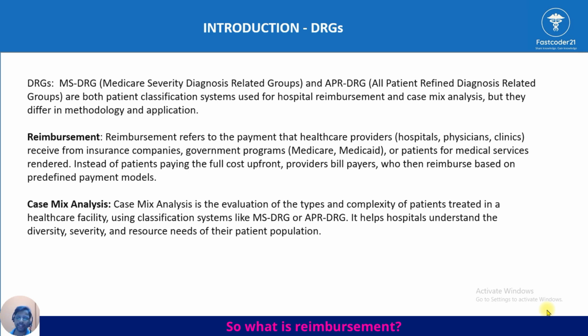So what is reimbursement? Reimbursement refers to the payment that healthcare providers like hospitals, physicians and clinics receive from insurance companies and government programs like Medicare and Medicaid and a few private payers for the services they provide to the patient. So what is case mix analysis?